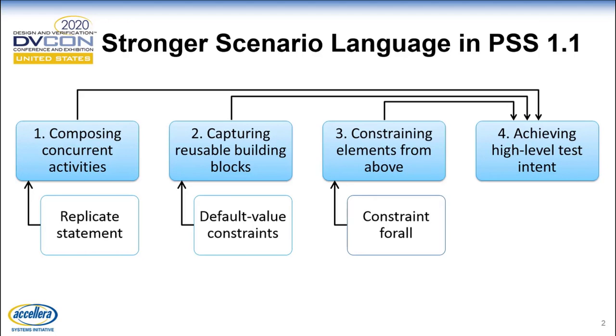And this is key, of course. So even if in principle you could hit on the same intents with PSS 1.0, you would still have to spell it all out. Whereas now you're able to capture it in a more generic and reusable fashion. So keep that theme in mind as I walk through these different constructs.